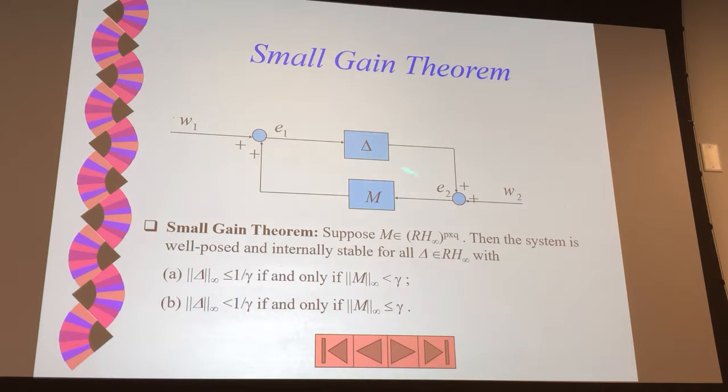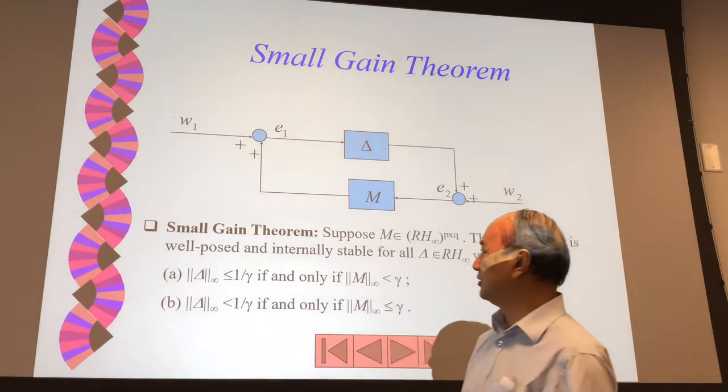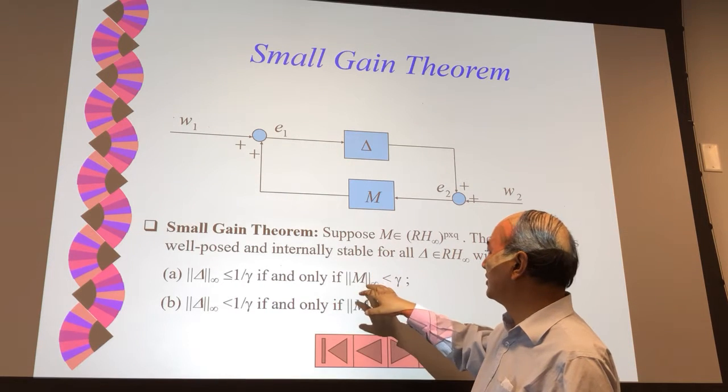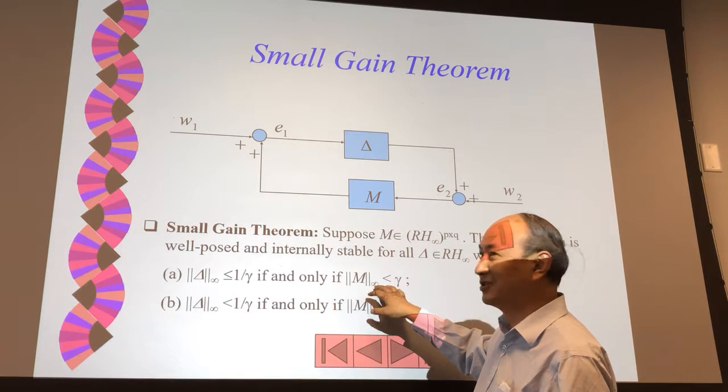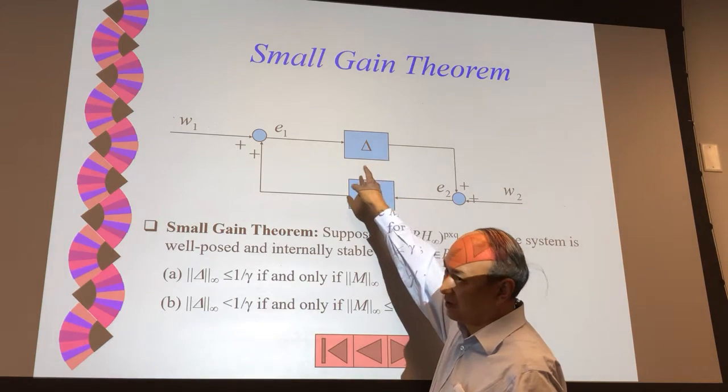Then we connect everything. We are going to see when we can claim this interconnected system overall is well posed and internally stable. So I hope you see that this is a loop. And I will assume the worst case infinite norm is gamma, and the other guy is 1 over gamma.